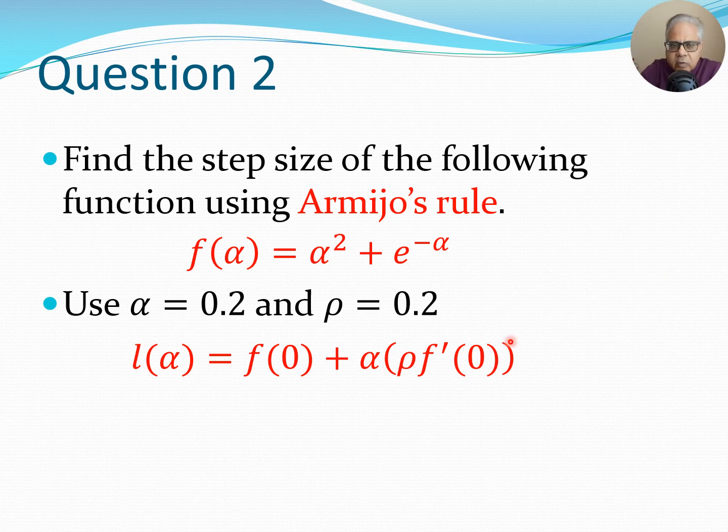So let us now try to find the minimum, or estimate an approximate minimum, using Armijo's rule. Now we will use these two values to do this method for the first time in this question. That is, alpha is 0.2 and rho is 0.2, and we will use the line equation as given here.